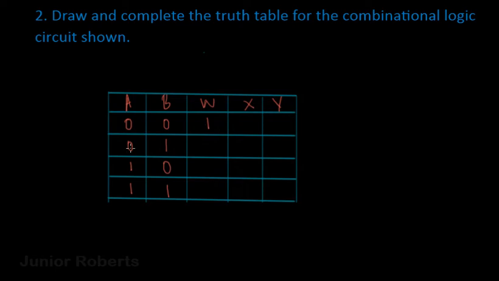Whenever we have a 0, again, we get a 1. When we have a 1 going into a NOT gate, we get a 0 as the output. So we have 1 going in, then we get 0 as our output.